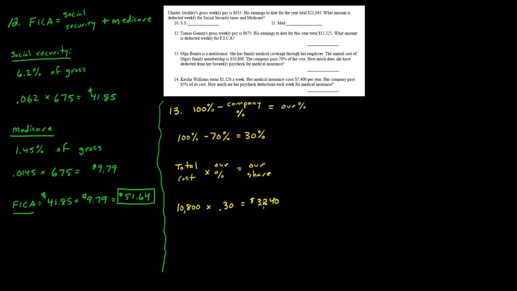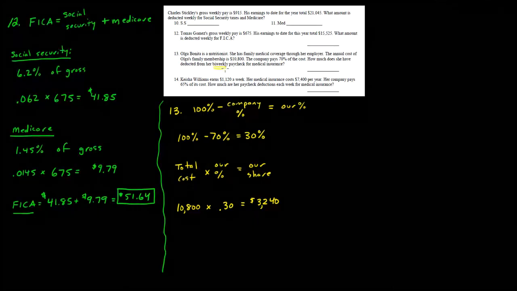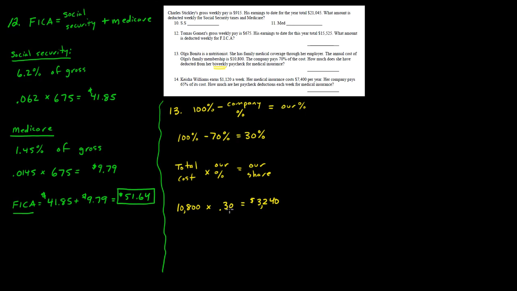Now, that's the yearly amount we have to pay, but the question is, how much does she have deducted from her bi-weekly paycheck? Bi-weekly means 26 times a year. So I have to take the total cost now and divide that by the number of times we're paid.